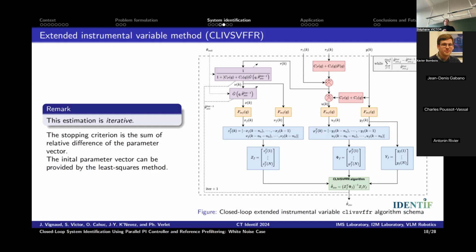This method can be stopped by a criterion, set as the sum of the relative differences of the parameter vector. And we can use different types of initial parameter vector, for example the parameter vector just found in the previous least squares method.